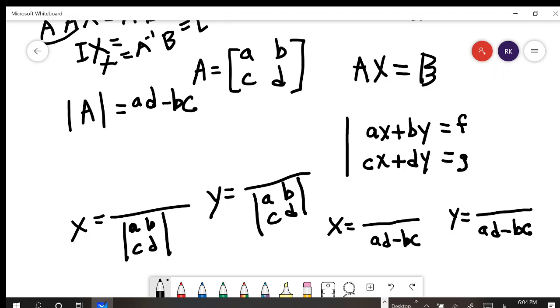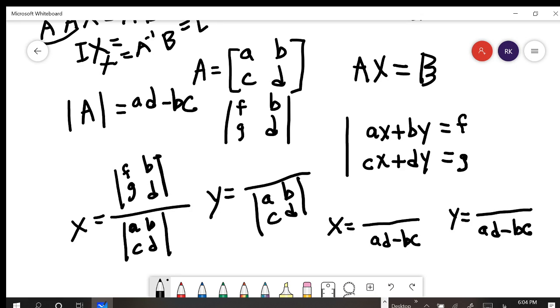And then Cramer realized that the numerator is this same determinant, but if you want to find x, you replace the first column with what we have on the right side. So we put F and G here, and put this in the numerator.